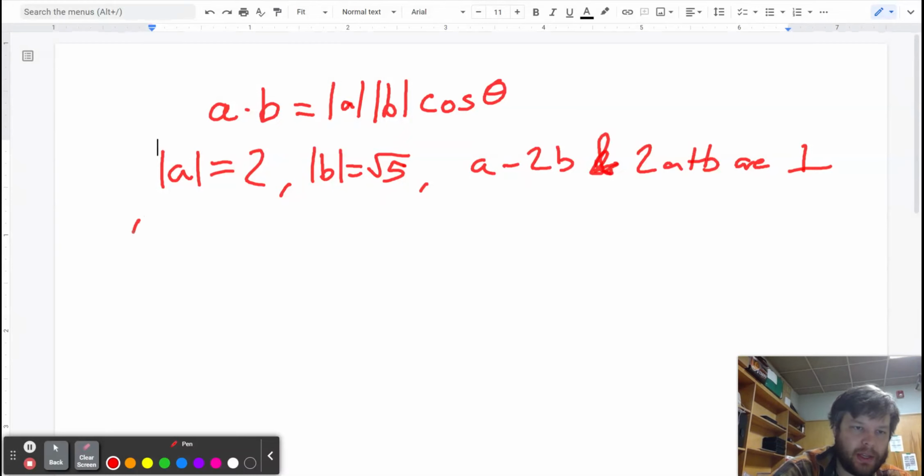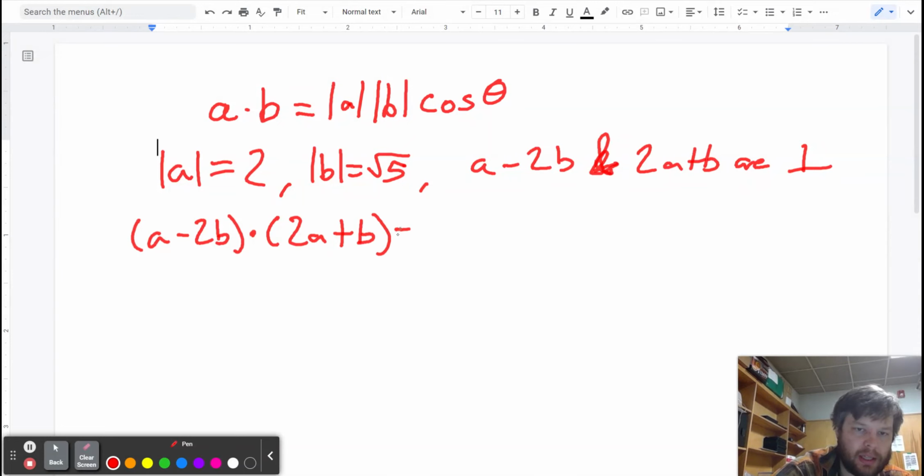So what I know then is that A minus 2B dot 2A plus B has got to be equal to magnitude A minus 2B, magnitude 2A plus B, cosine of 90 degrees.